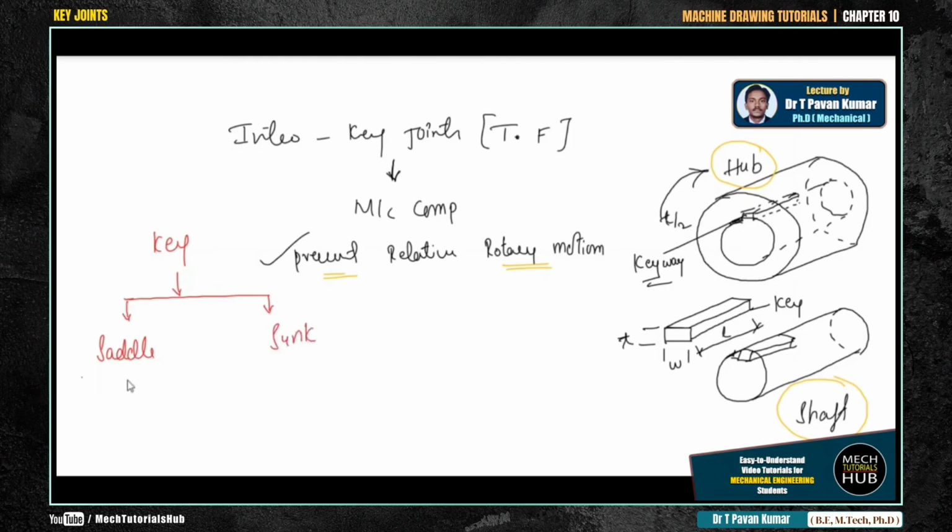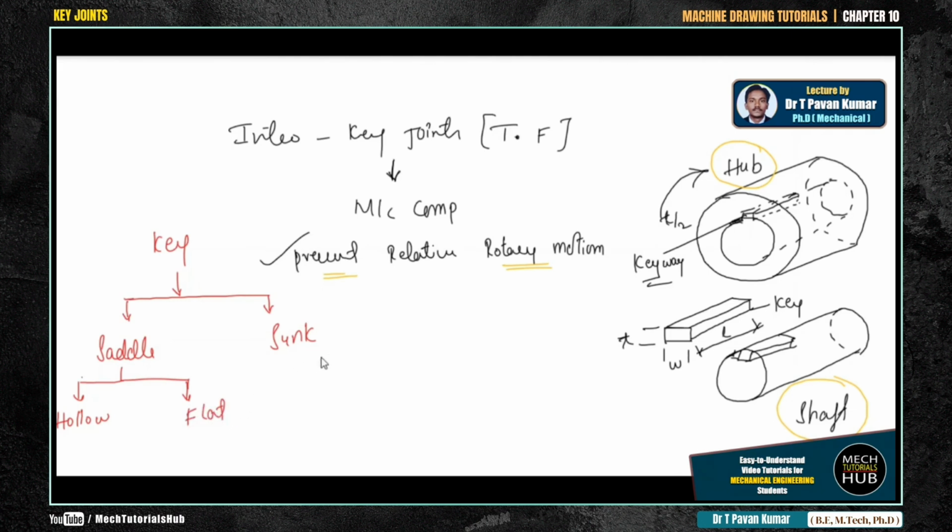Further, these are subclassified. Saddle keys are subclassified into two types. Number one is the hollow key and number two is the flat key.